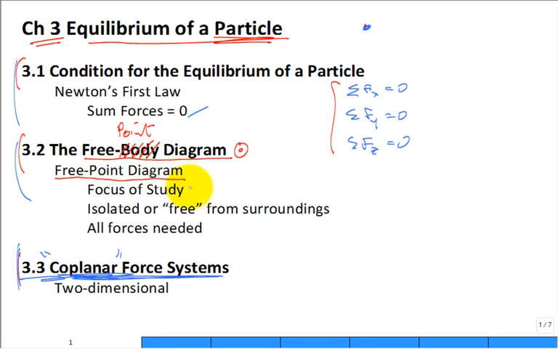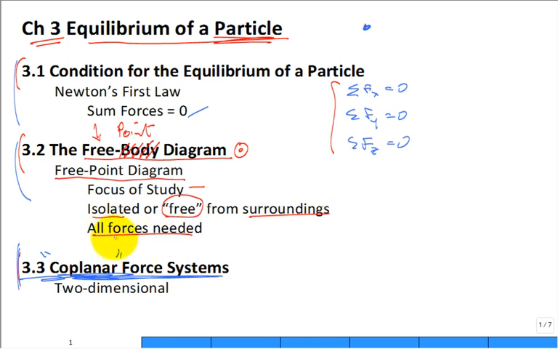We focus our study on something that we cut or isolated and made free from other things. That's where they get the word free. It's not cheap, it's just cut away, free, cut loose. So a free point diagram, free from other components or forces or surroundings.